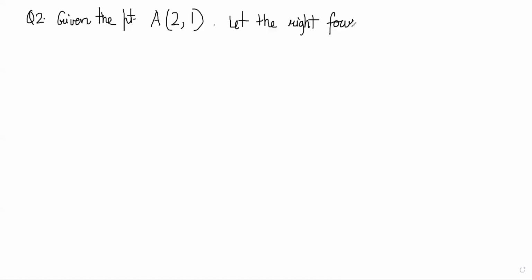So given the point A, which is 2 comma 1, let the right focus of hyperbola x square minus y square by 4 equal to 1... Okay, I don't think this is the correct way to frame it.